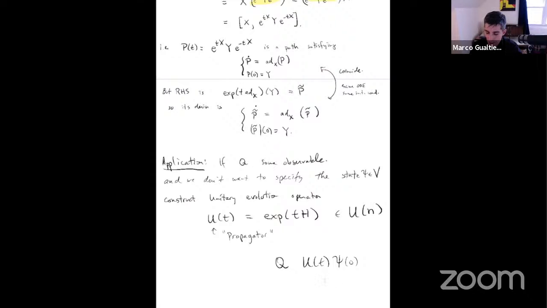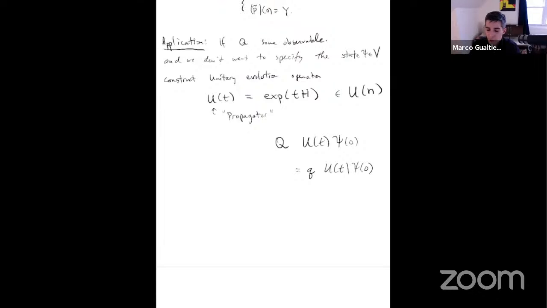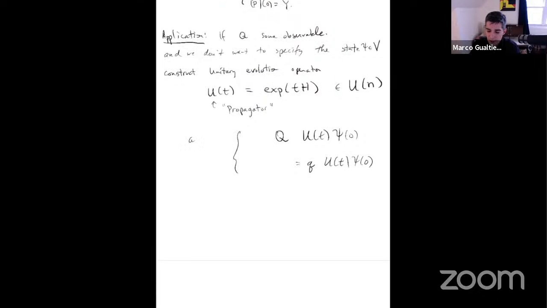For example, you might ask, is it in an eigenstate at time t? This would be saying that at time t, psi naught lands in an eigenstate of Q. That would be a typical thing that you might want to know.